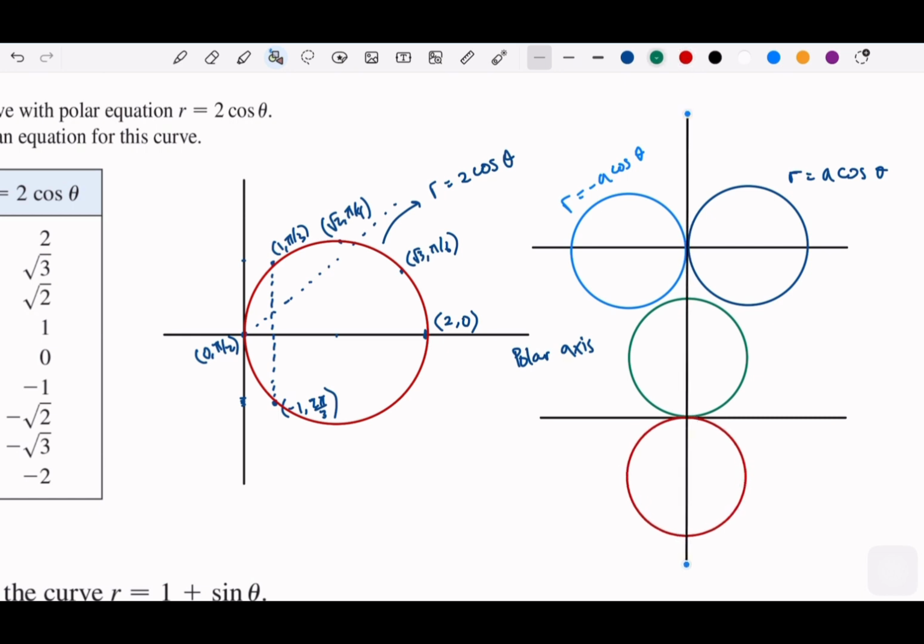Now this will be r = a sine theta, and this will be r = negative a sine theta.